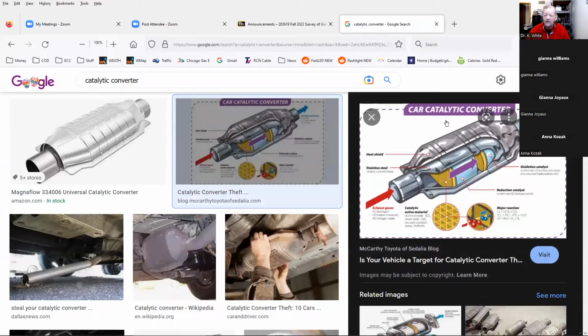And here, right here, you have a catalyst, and the gases, hydrocarbons and other things, come through and they react with the oxygen that's also in there, and that converts it into less dangerous things like water, carbon dioxide, and nitrogen. And it's called a catalytic converter because it's converting bad stuff into better stuff. And it's using a catalyst.